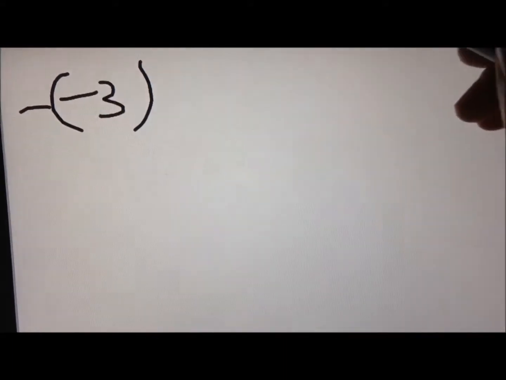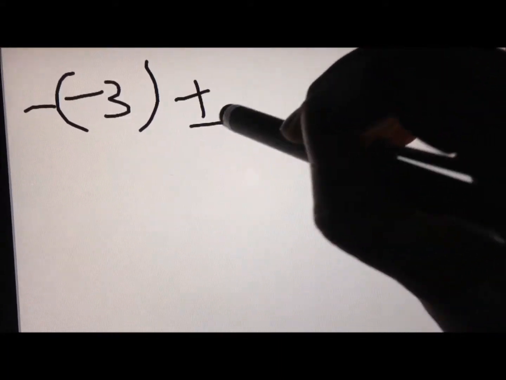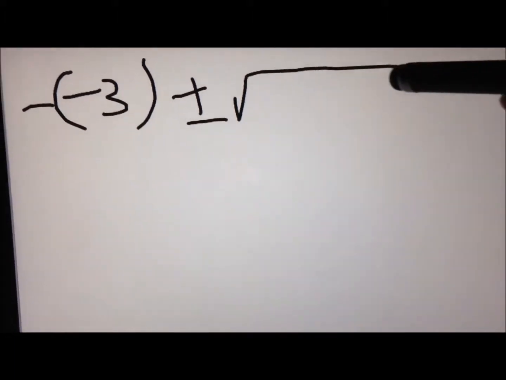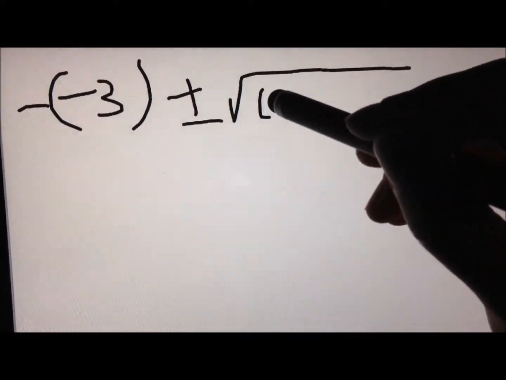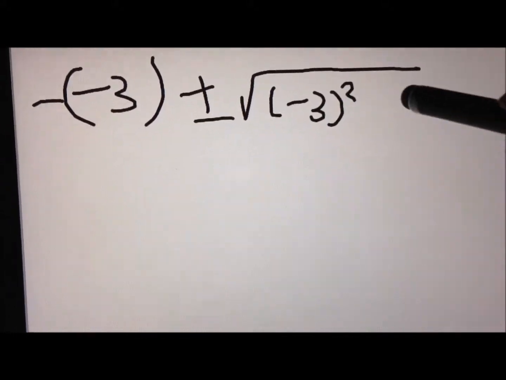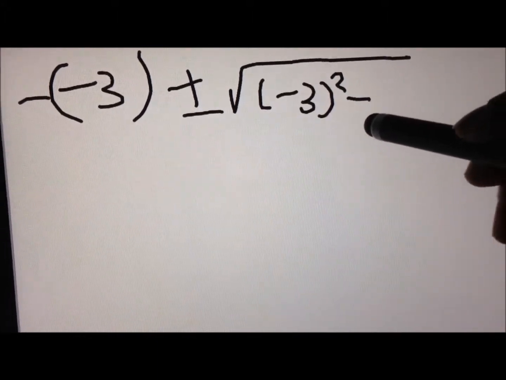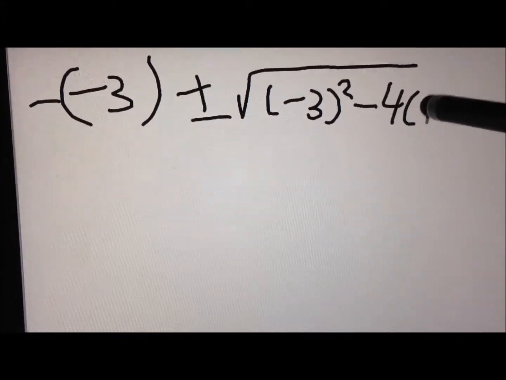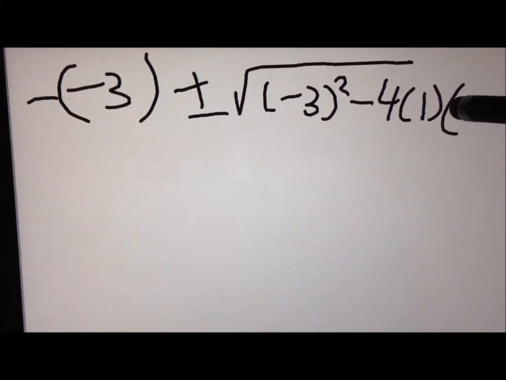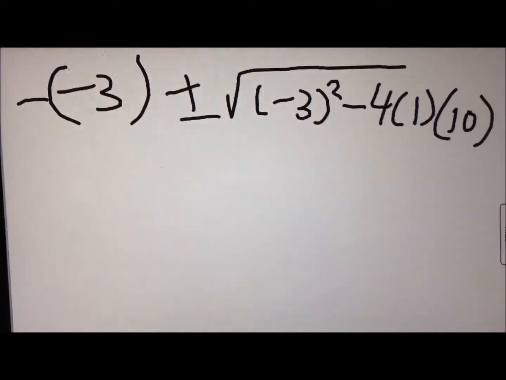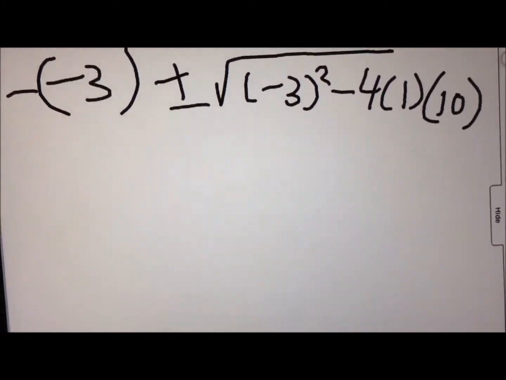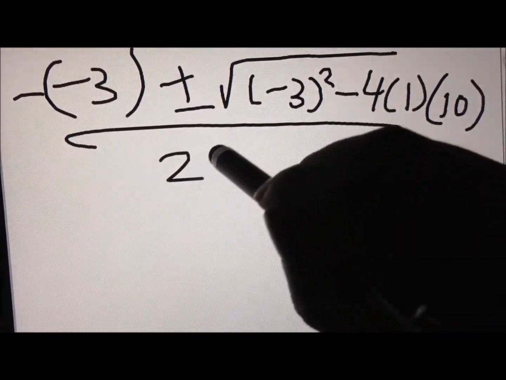Say we have negative 3 plus or minus the square root of (negative 3) squared minus 4 times 1 times 10. Say we have that problem, all over 2 times 1.